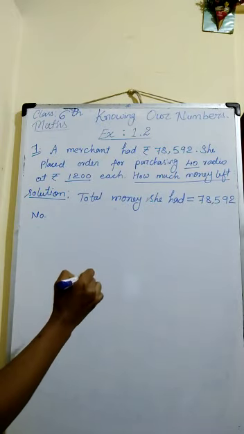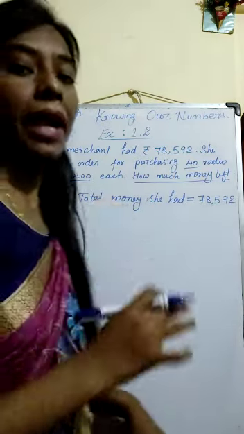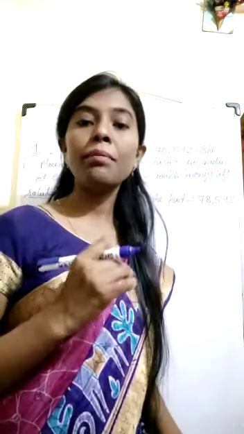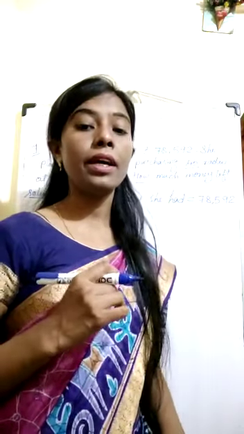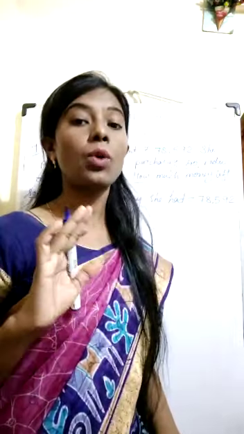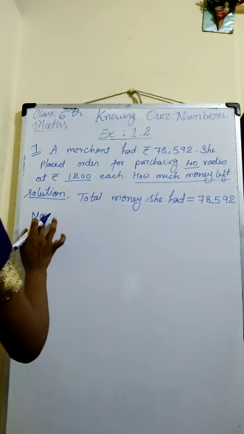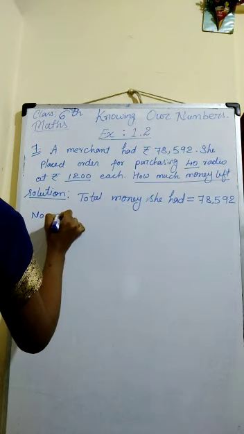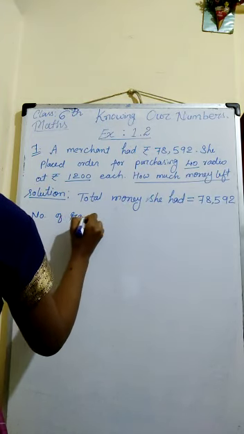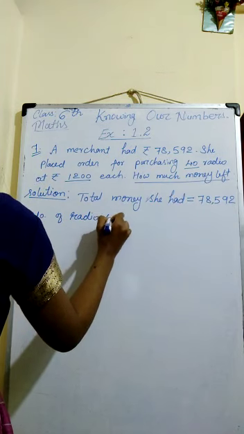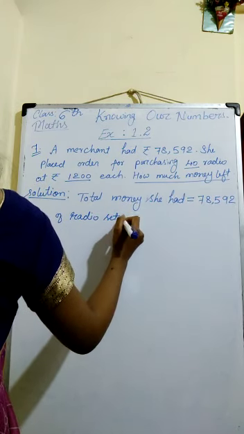Now we are going to find out how much she spent. For the spending money, we have to find out the cost of 40 radio sets. First we are going to find out the cost of the number of radio sets she purchased.